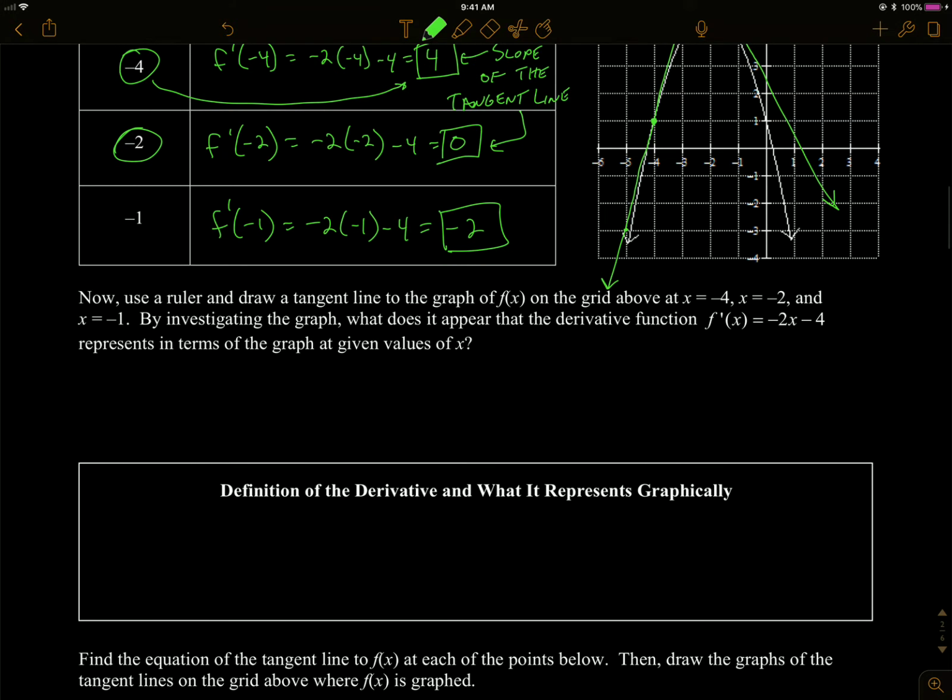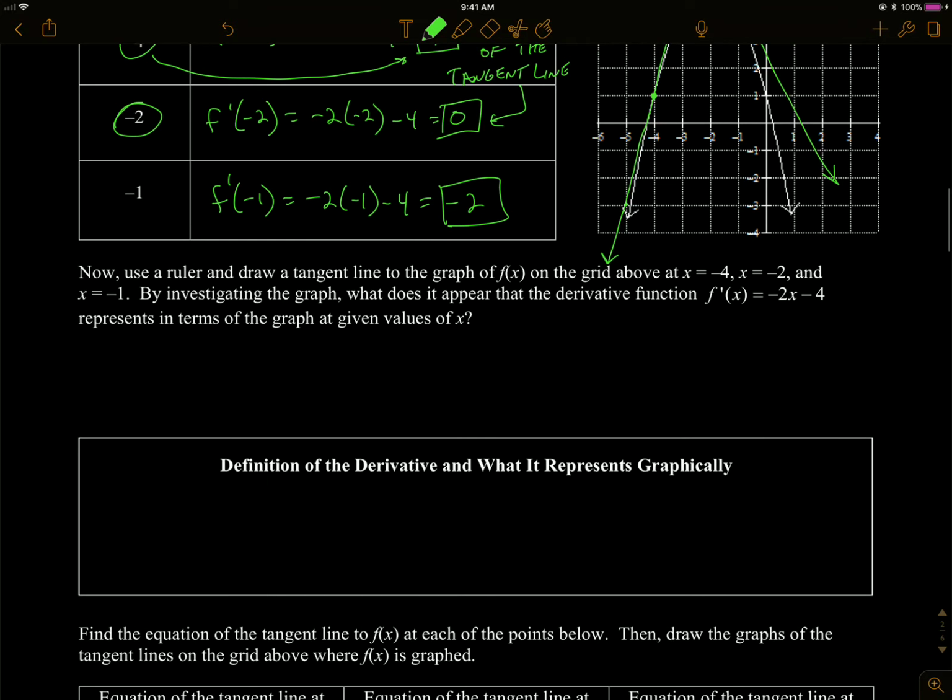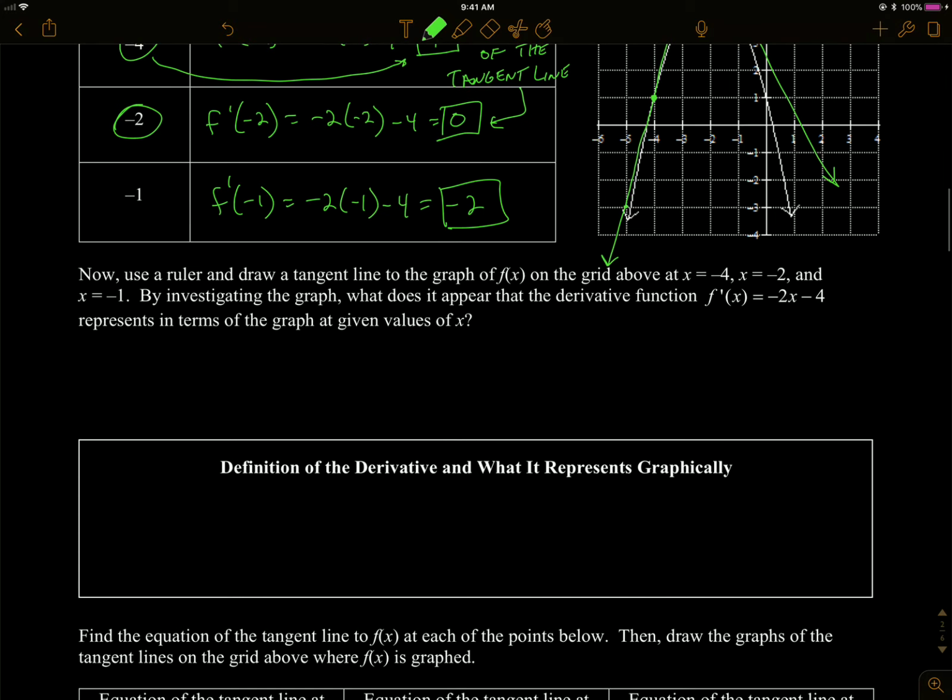By investigating the graph, what does it appear that the derivative function represents in terms of the graph at the given values of x? I've said this a bunch, but we're going to make sure we summarize it.